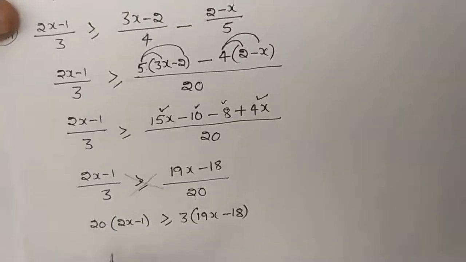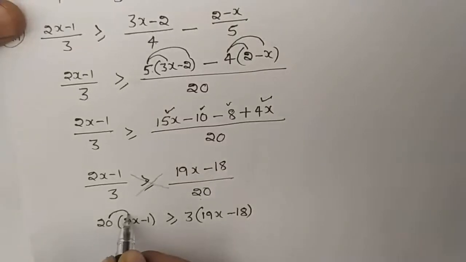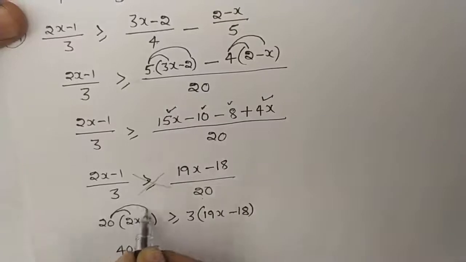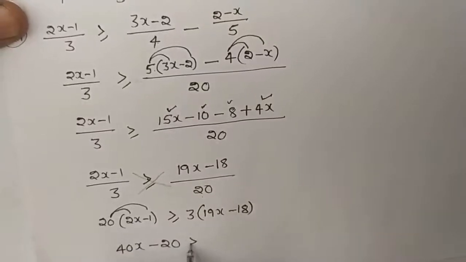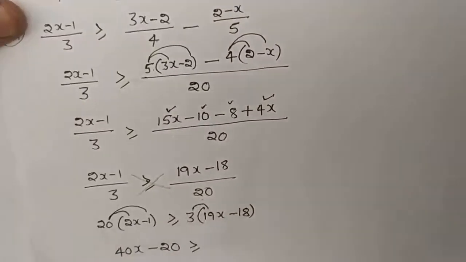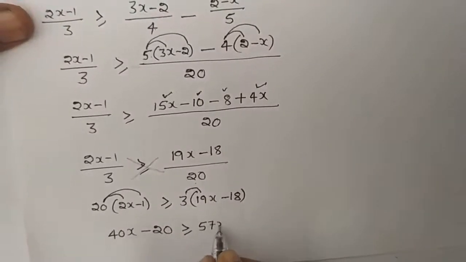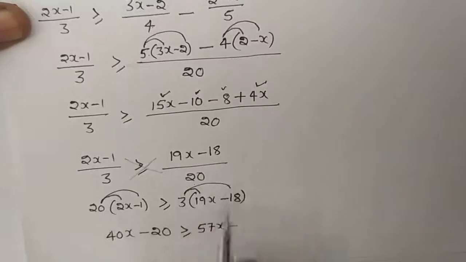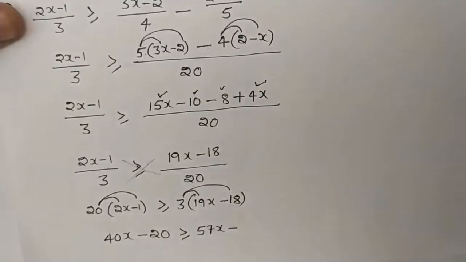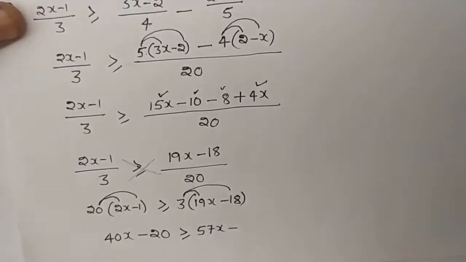Next, multiply this 20 inside the brackets. 20 into 2x is 40x, minus 20 into 1 is 20, greater than or equal to 19x into 3, which is 57x, minus 3 into 18. How much is 18 threes?